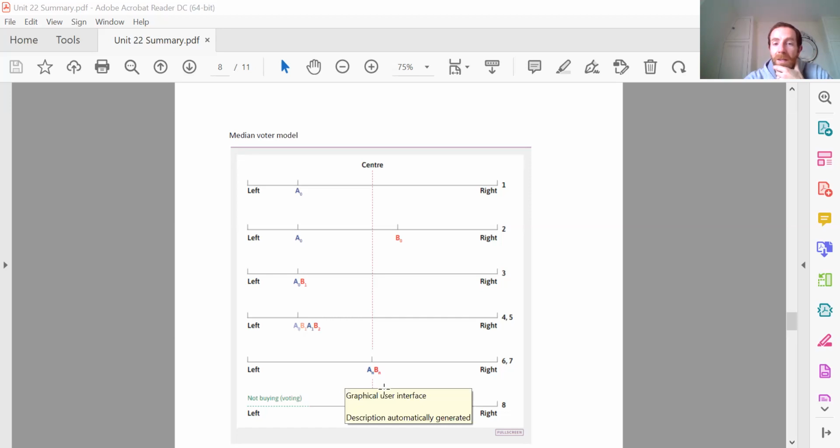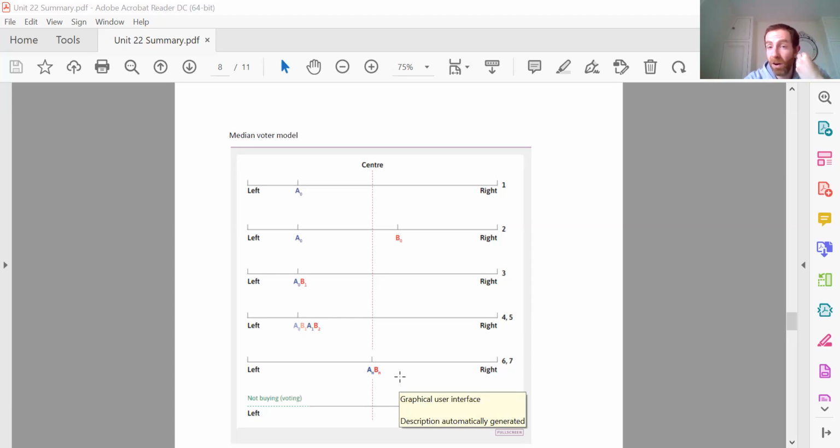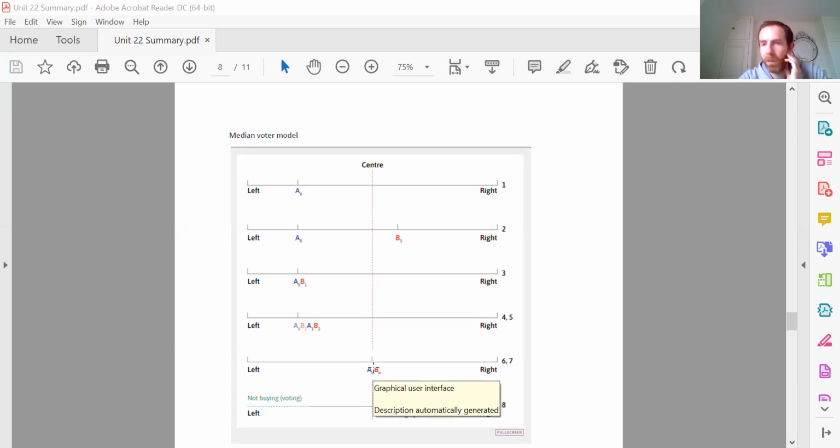And that's what this median voter model says, that if there are two political parties in a country, what will happen when it comes to them trying to maximize their share of the votes is they will both just end up right in the center with basically identical policies.